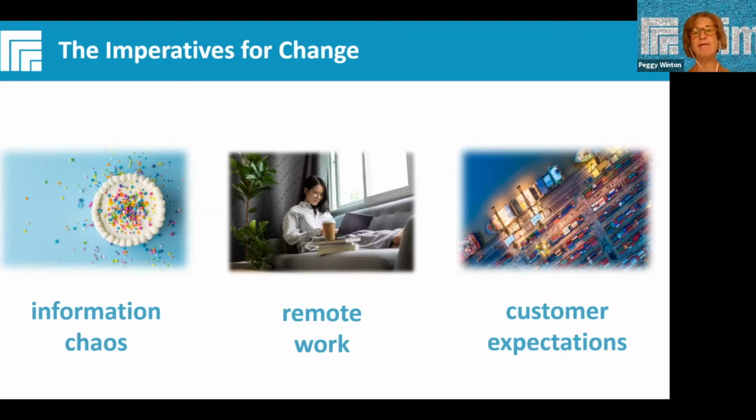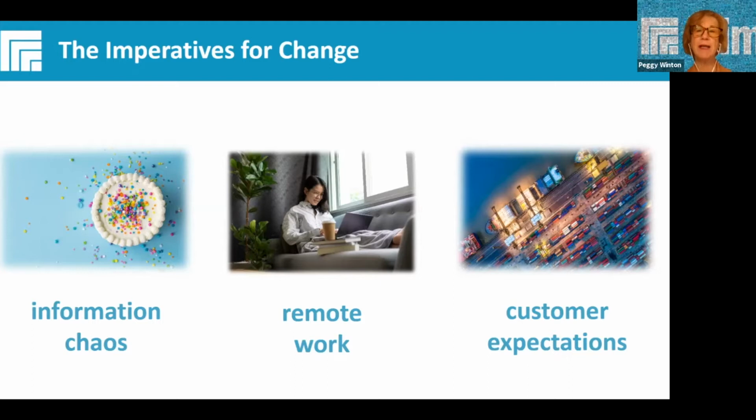The second factor or driver is that pendulum that swung so wildly in the direction of remote work exposed a lot of weaknesses in content collaboration and accessibility. Manual processes were all too prevalent and really stymied a lot of continuity efforts there.